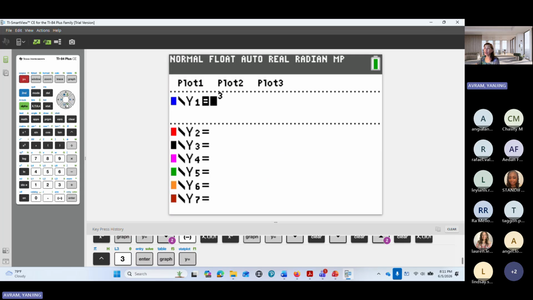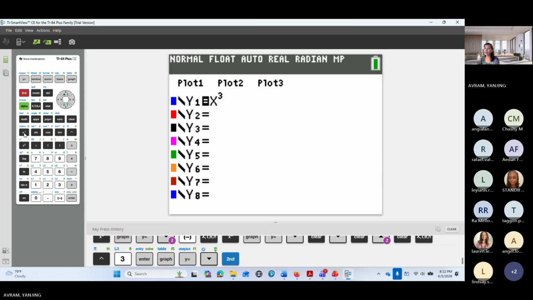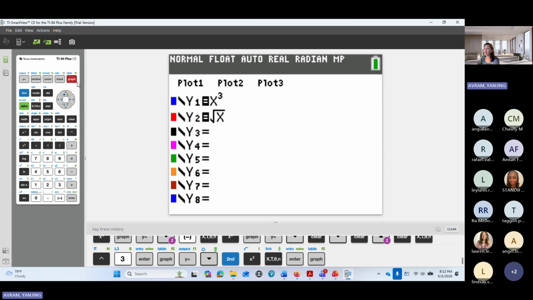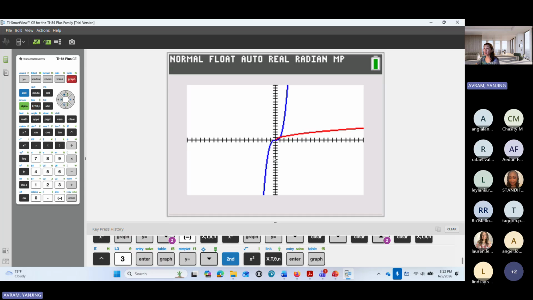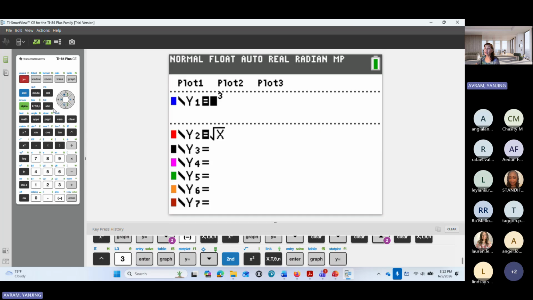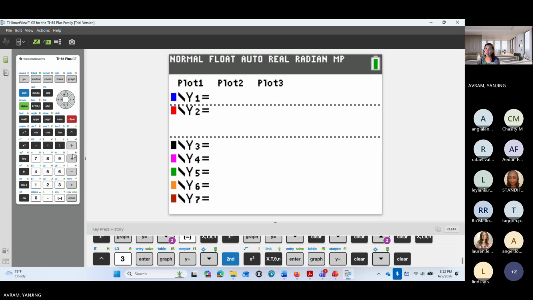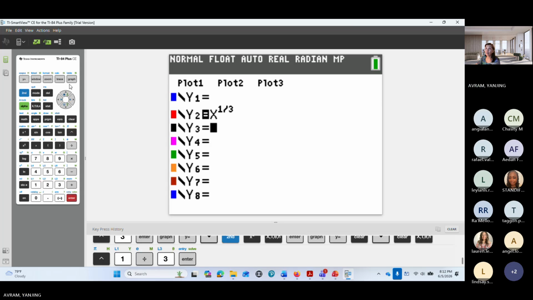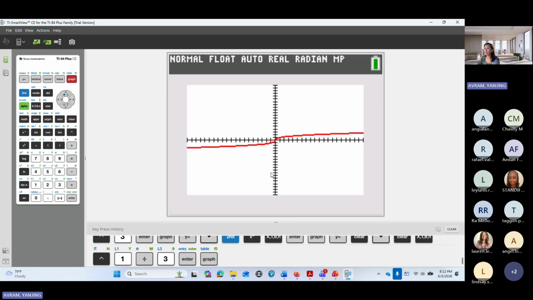All right, so how about the square root? If you want to use the square root, you need to hit second. So that's how the square root looks. And then let's see how the cube root would look. If you don't have a cube root here, you can use x to the 1/3 power, that's the cube root.